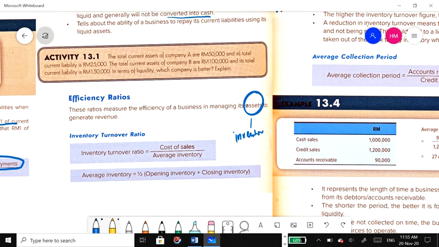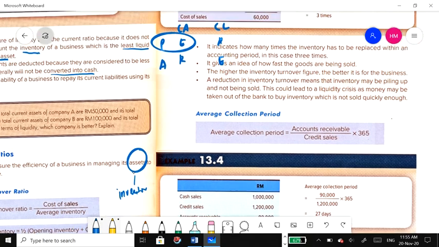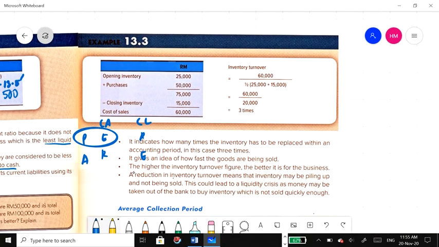So, untuk inventory turnover ratio, dia punya formula cost of sales divide with average inventory. Untuk kira average inventory, cara kira dia, you akan ambil opening inventory plus dengan closing inventory bahagi 2. Ataupun 1/2 darabkan opening inventory tambah closing inventory, sama lah. Okay, so dia pun bagi contoh. Opening inventory dia ada 25,000. Lepas tu purchase 50,000.